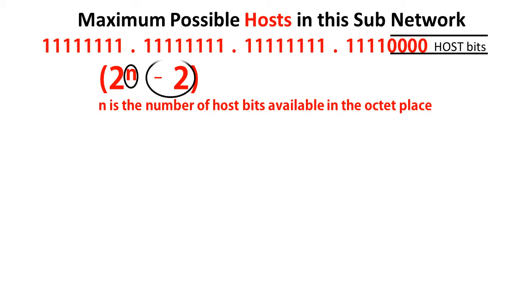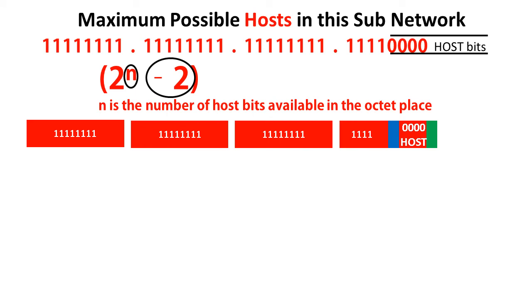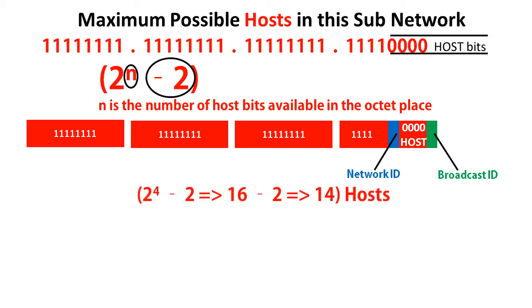Here minus 2 will deduct 2 numbers from the available host number, because the left side first number will be assigned as the subnetwork identifier address and the right side last number will be assigned to the broadcast address for the subnetwork. 2 to the power 4 minus 2, that is 16 minus 2, and the result is 14. Therefore 14 hosts are possible in this new subnetwork.